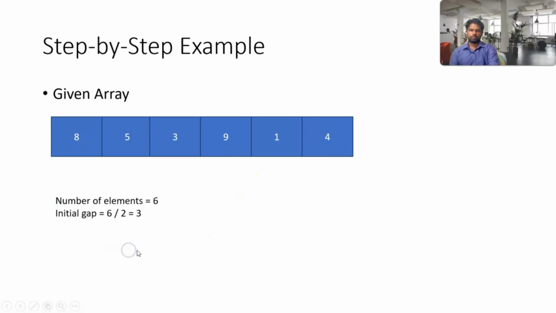If we are given an array like this, first we count the number of elements. In this array there are 6 elements. So the initial gap becomes n divided by 2, which is 6 divided by 2, in this case 3.